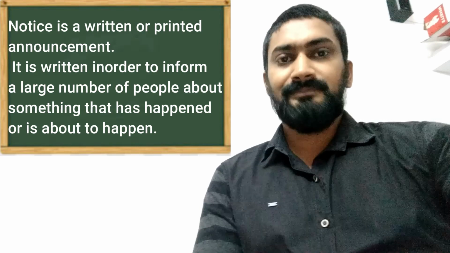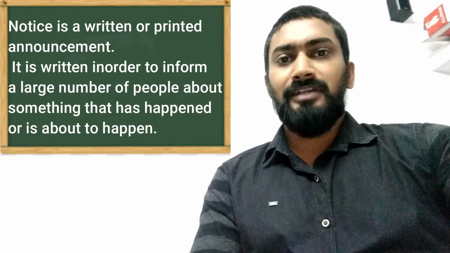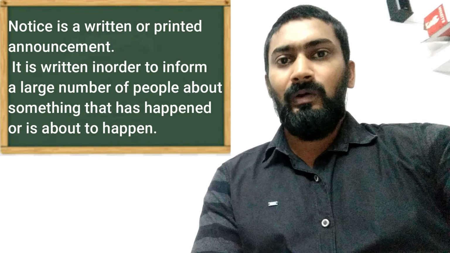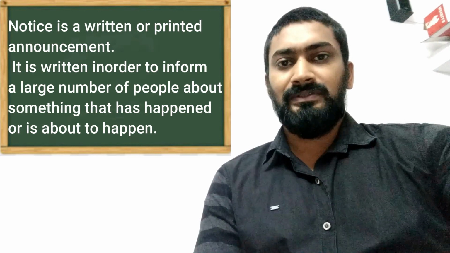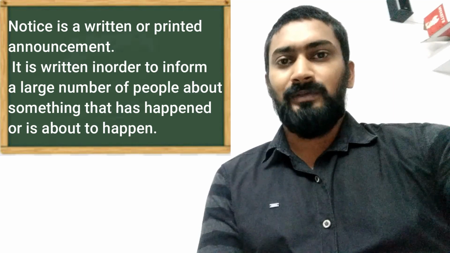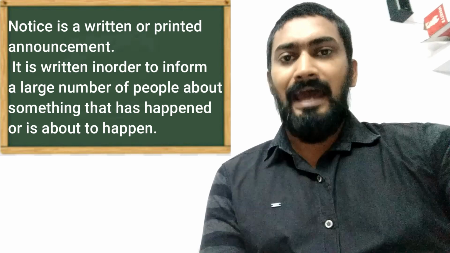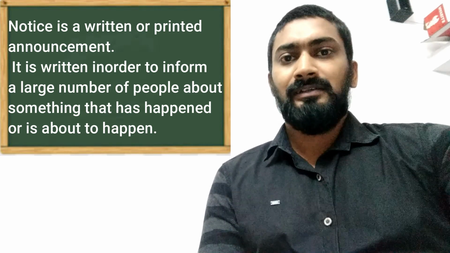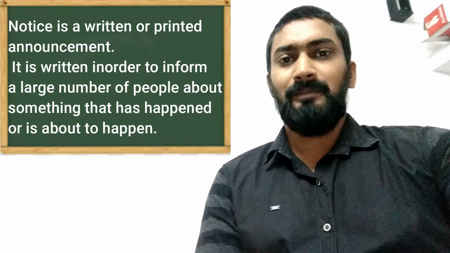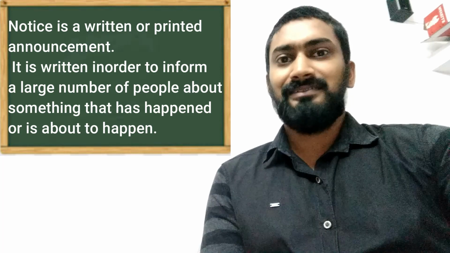A notice is written in order to inform a large number of people about something that has happened or about to happen. So a notice is published or placed in a notice board to inform a large number of people about something that has happened or something that is going to take place in the future. Most of the time it will be about something that is going to take place in the future. So that is a notice.